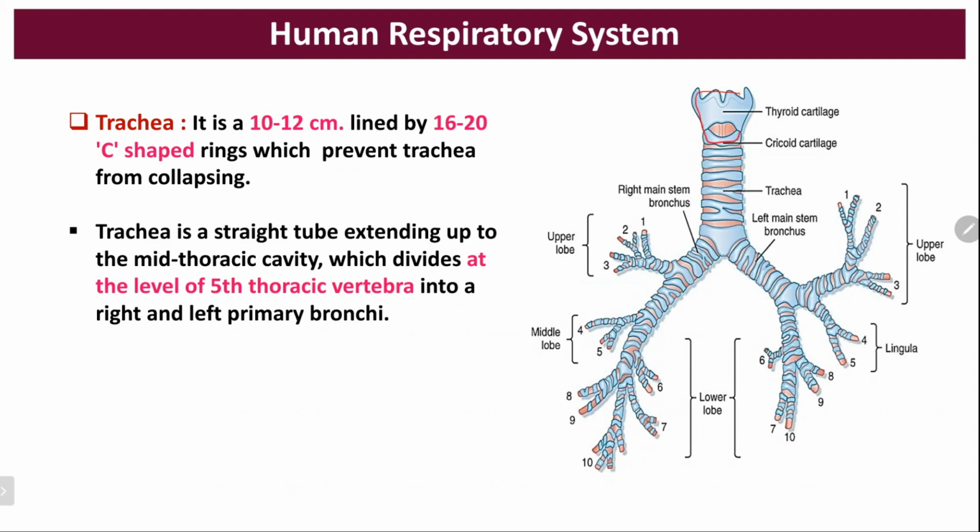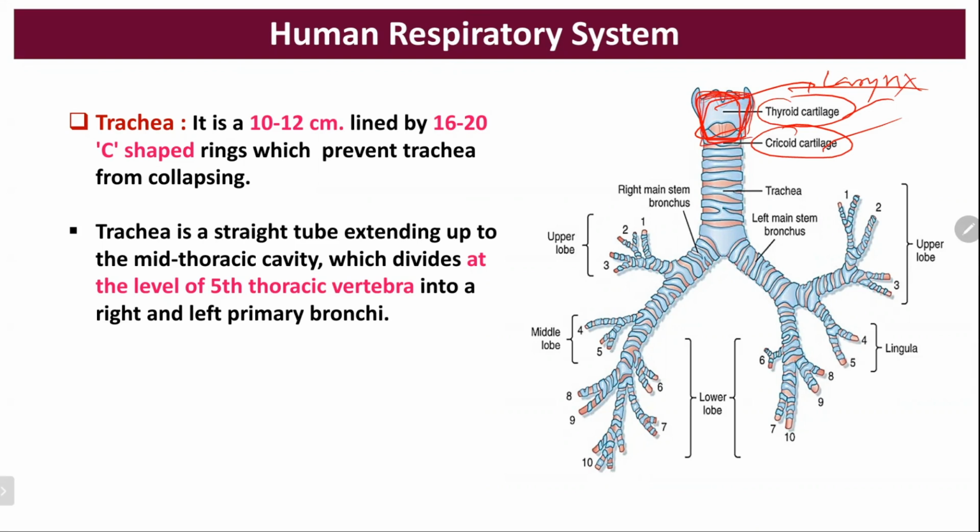Now you can clearly see here, this upper part of the trachea is larynx, and the larynx has cricoid cartilage and thyroid cartilage. By seeing these names, you can identify this structure as larynx.